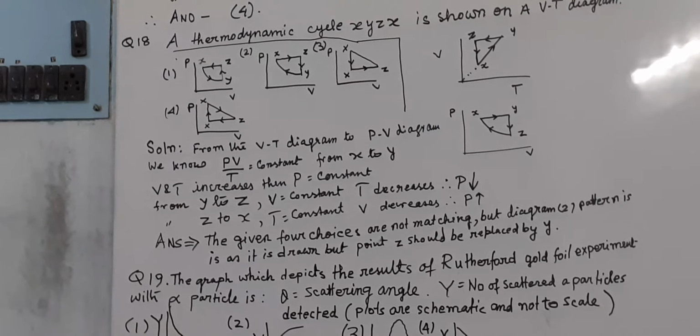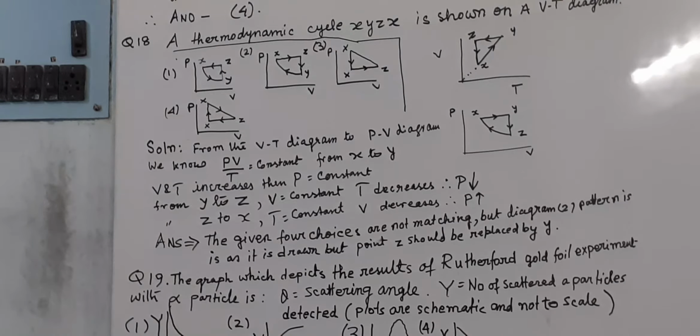So it will come straight down from Y to Z. Then from Z to X, we can see temperature constant, volume decreases, therefore pressure has to increase. Now on the PV diagram, it has to be Z to X, isothermal compression, and it will come back to position X.